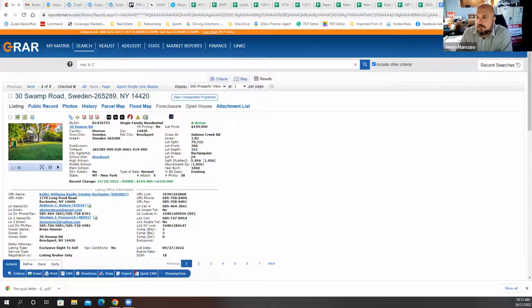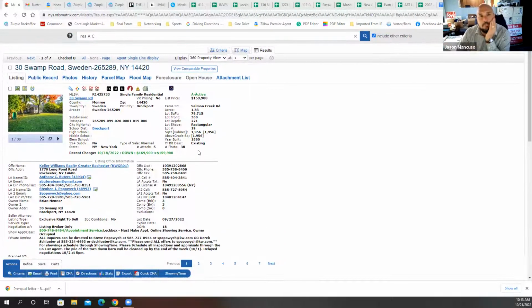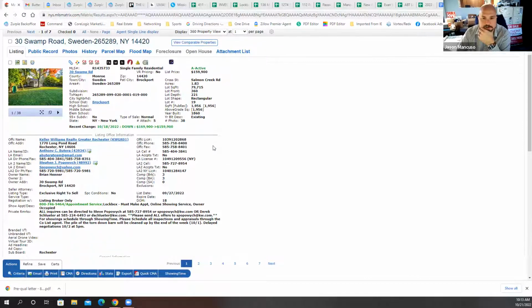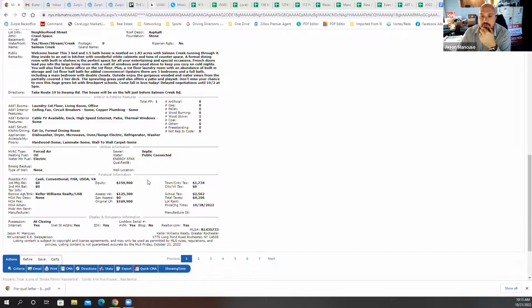So we've got a listing right now on Swamp Road in Brockport that I'm going to work off of. And I'm using that listing for a couple of reasons. It's a unique property in that, looking at the MLS right now, it's got a septic system.